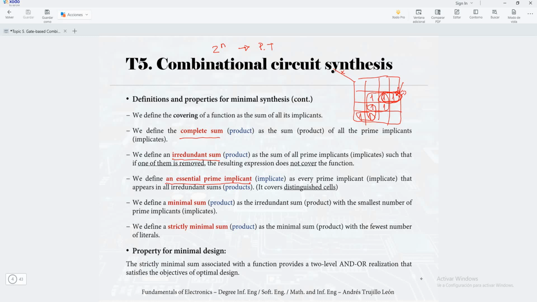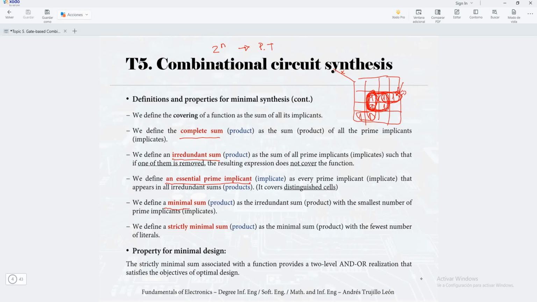For example, this should be an implicant of the function, but it's not a prime implicant because these ones can be covered by a larger one. So the larger one, the 4-ones size, is the prime implicant here, and this is an implicant but not a prime implicant because we have another containing it that is larger.